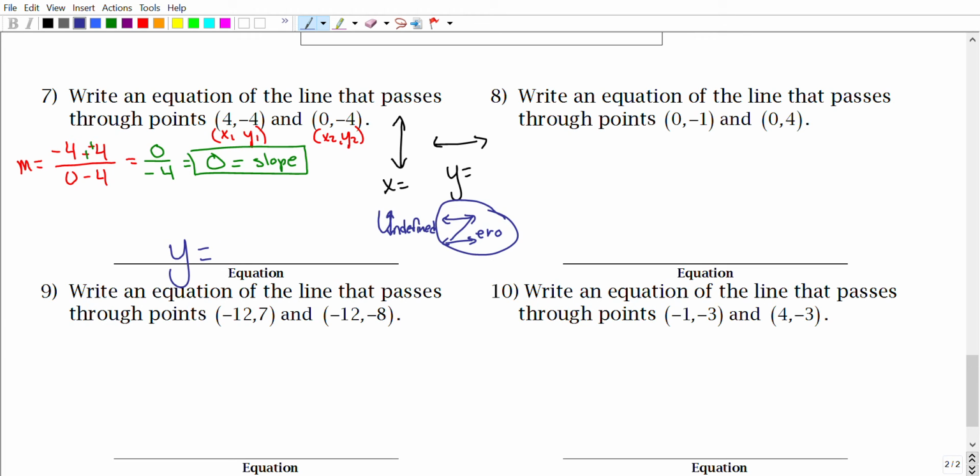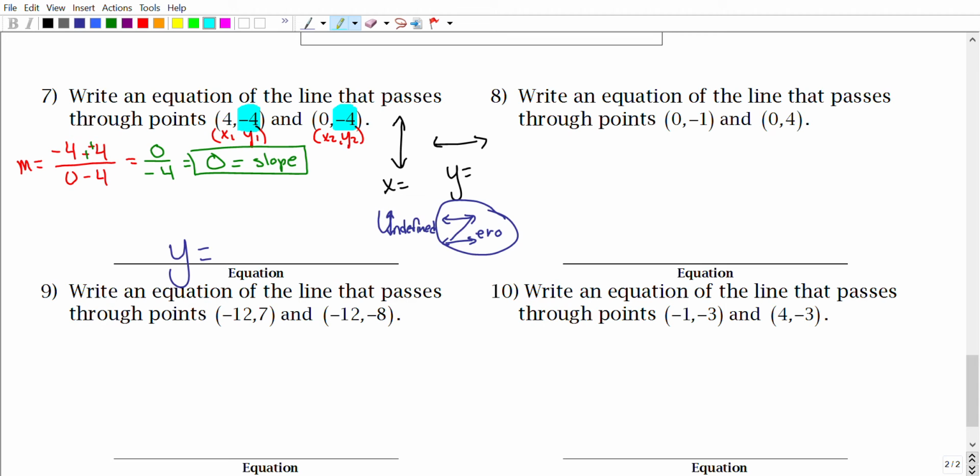What is my number? Well, let's take a look at our y equals, and hopefully we can start to notice something here. My y value here is -4, but notice what it is on the other point as well. Just like I explained up in the previous problem, regardless of which point you pick on that line, because it is a horizontal line with a slope of 0, the y value should never change.